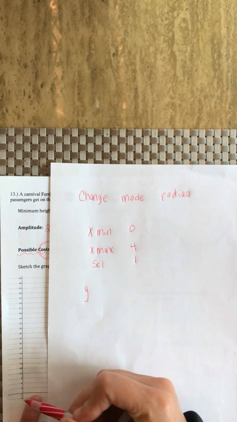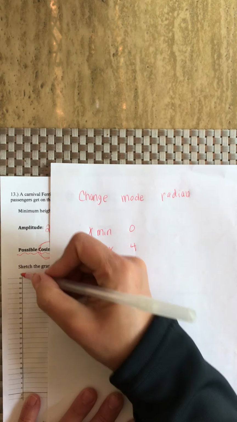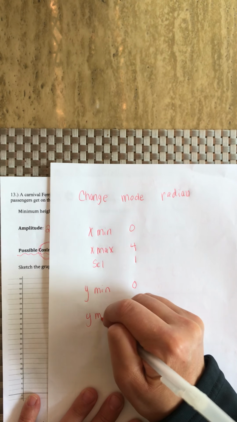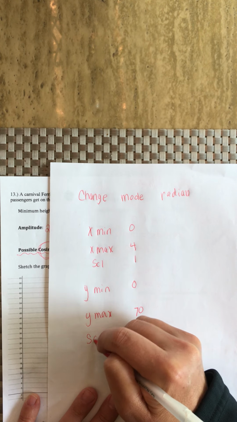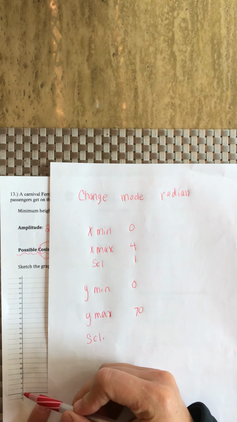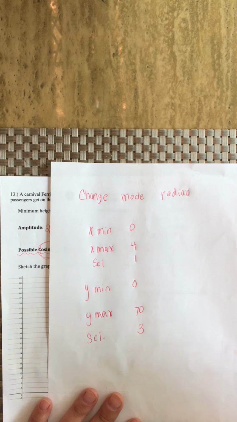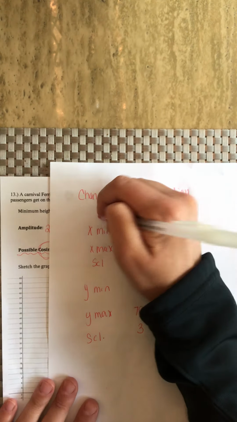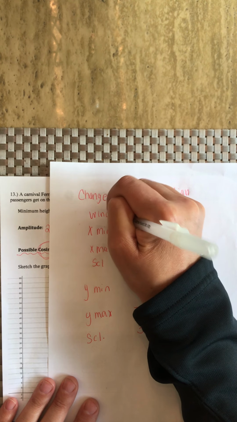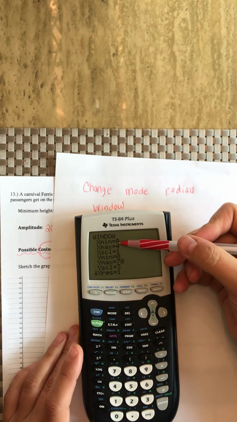Your y min starts at 0, your y max is 70, and your scale is going up by 3s. You can go up by 3s if you want, to make it a little easier. And that should be your window.